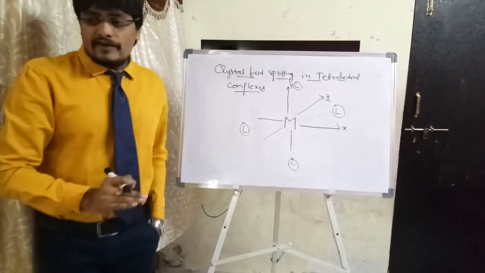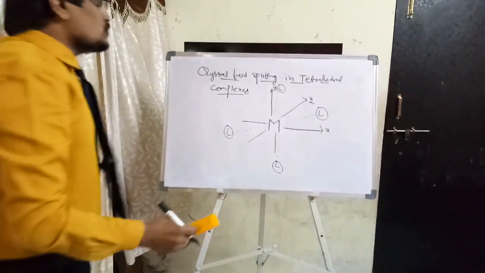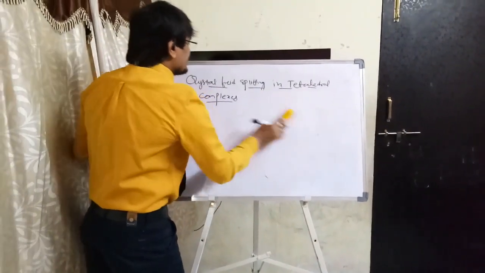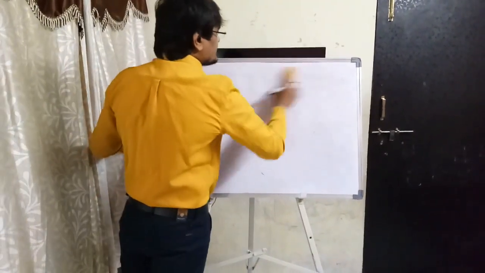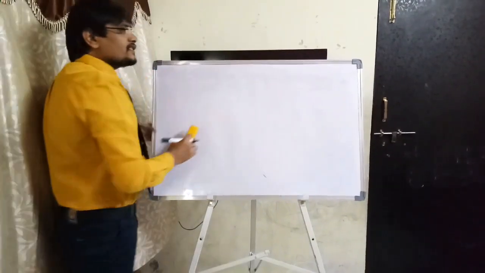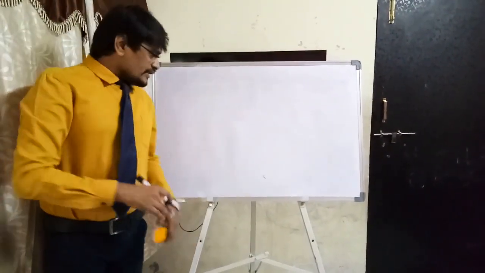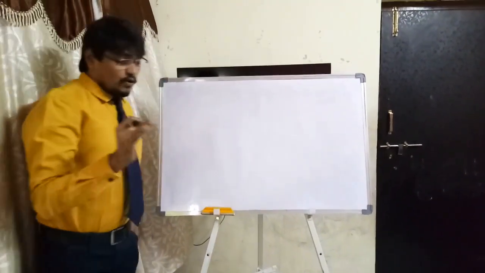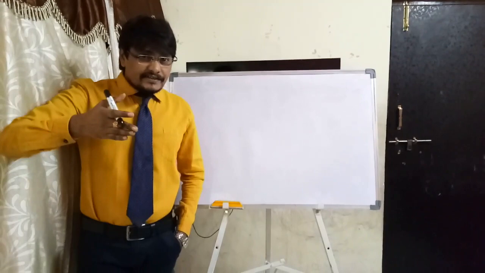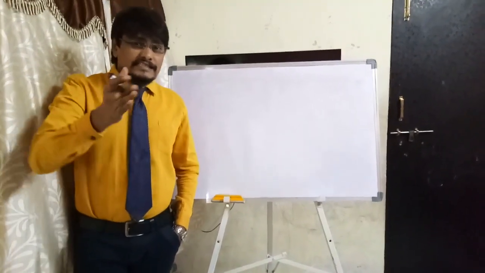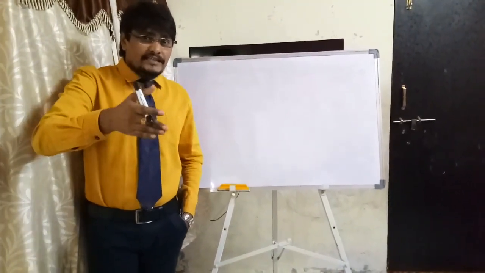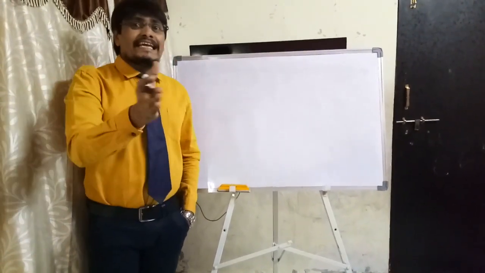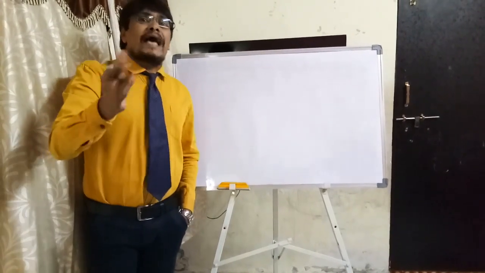With what I have explained, let us discuss the crystal field splitting in tetrahedral complex. To summarize, in the tetrahedral complex the ligands are approaching in between the axis. Since the ligands are approaching in between the axis, the d orbitals in which the electrons are sitting in between the axis experience maximum repulsion.